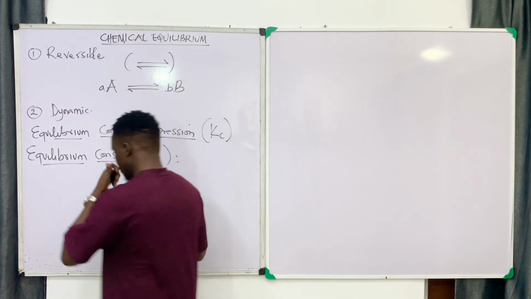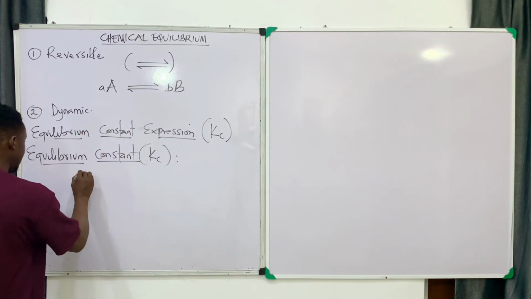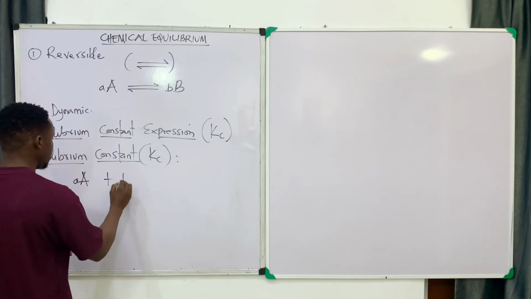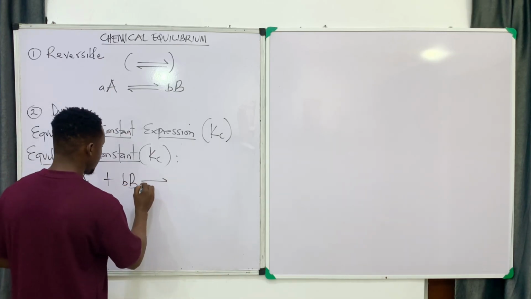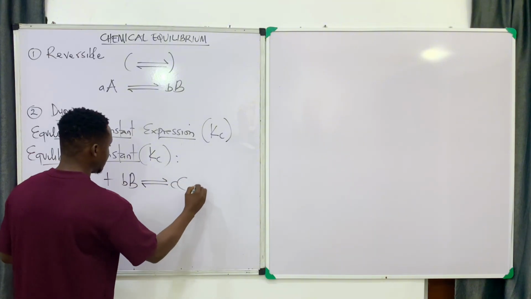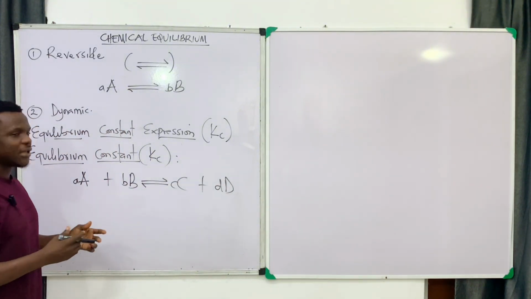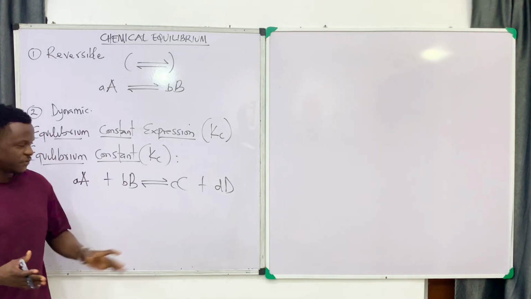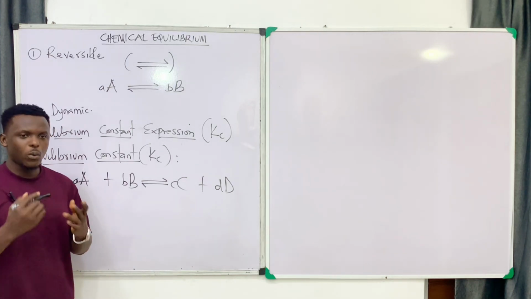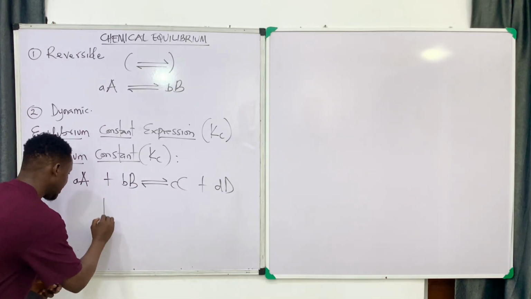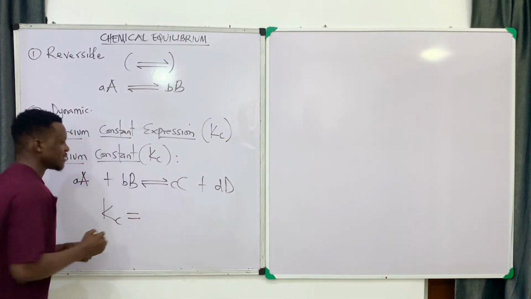Now let's say, for example, I have a reaction A plus B giving me C, and I am asked to write the equilibrium constant expression for this reaction. What would that give me? We say Kc, class, ratio.